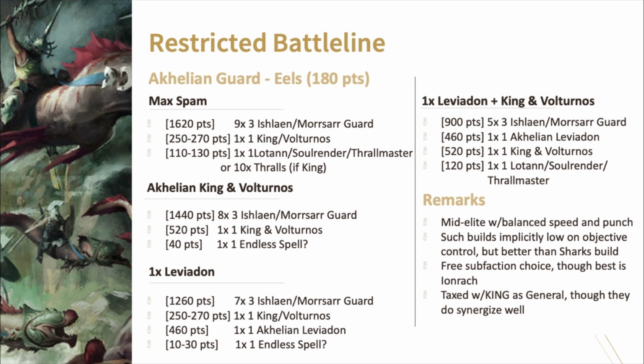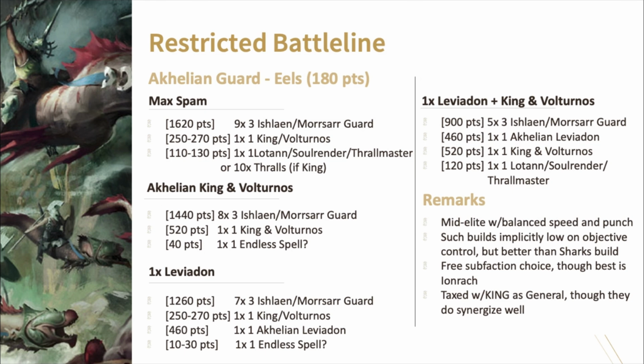So in our max spam version, we see that we can fit in 9 times 3 of mix and match Ishlian or Morsar Guard, and then we have to spend 250 to 270 points on either the king or Volturnos respectively, leaving us with 110 if it's Volturnos or 130 points if it's the king, points left over to be spending on Lotan, a Soul Render, Thrallmaster, or even 10 times Thralls for screens or objective control if you got the king. So that's your basic list there.